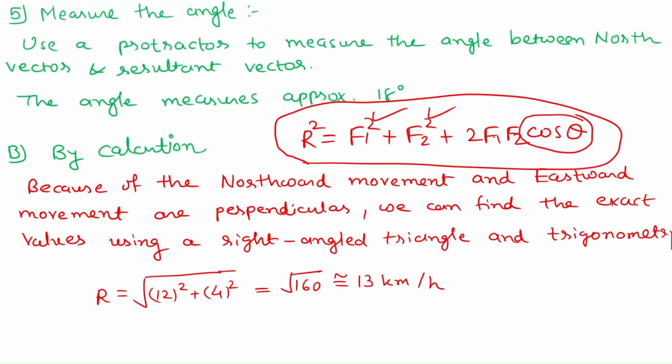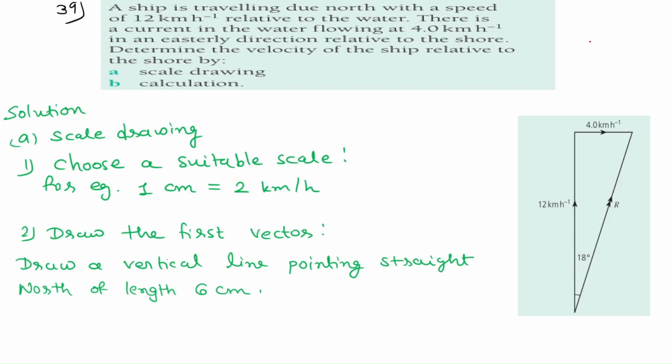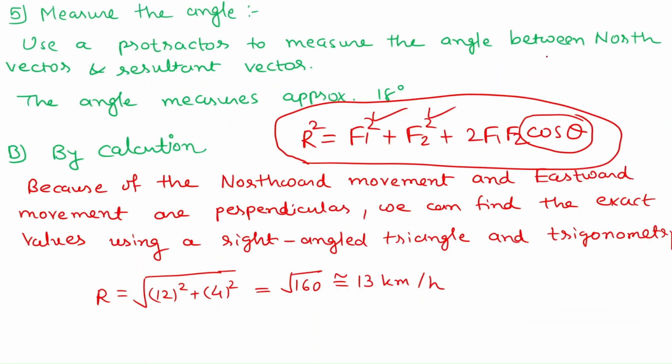For that, you know the ship direction is north and the second vector is in the east direction. So take F1, and second is F2. The angle between these two vectors is 90 degrees. And you all know cos 90 is 0.